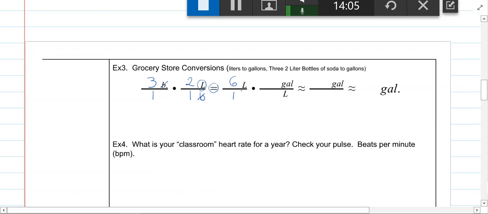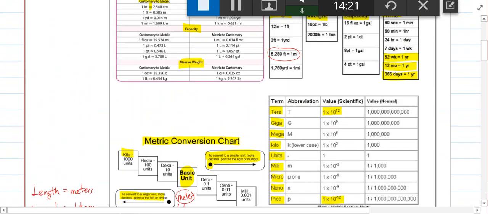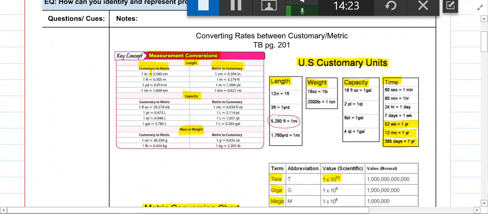Now we're ready to start. We want to change this into gallons. All right, so we want to change liters into gallons. Well, we need to go up to our charts and look for this right here, gallons to liters. So let's go all the way up. And you can see right here in the capacity range, you can see 1 gallon.